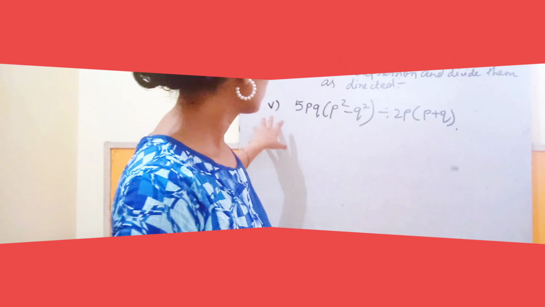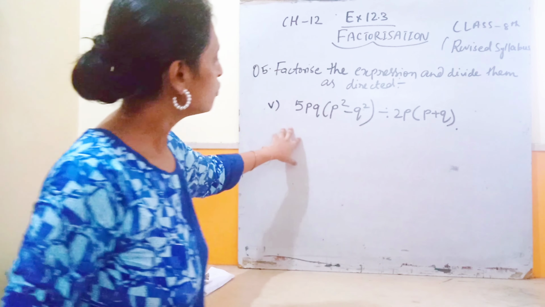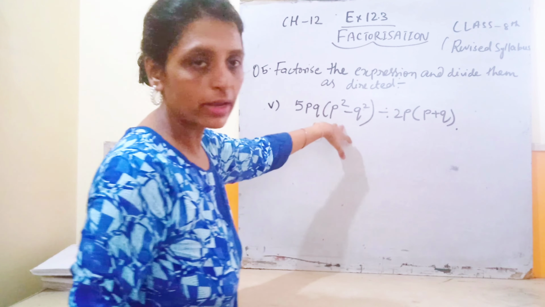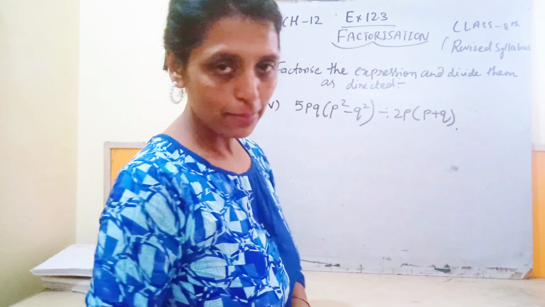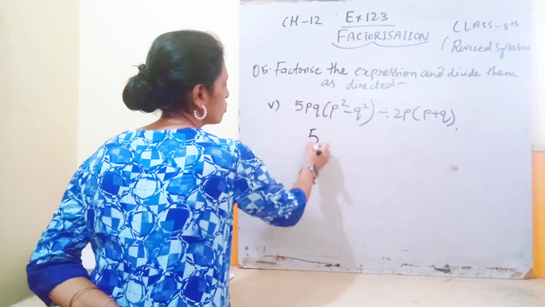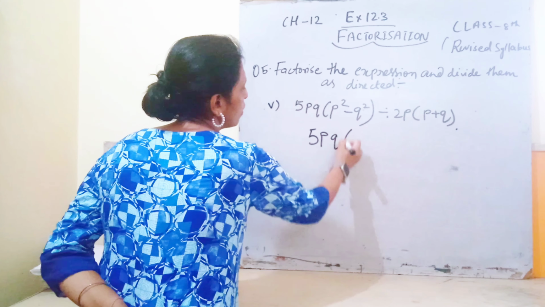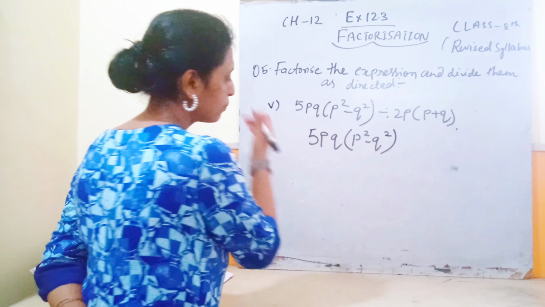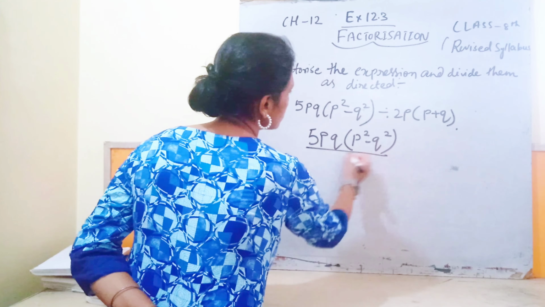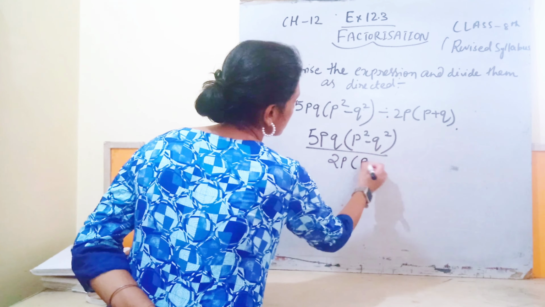Children, coming to the fifth part, we have to first factorize the given expression, then divide it with 2p, p plus q. So let's see how to do it. It is 5pq, p square minus q square, divided by 2p, p plus q.